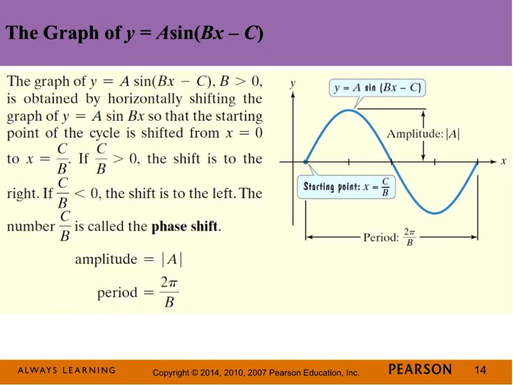Okay, so now what we want to look at is we're adding into this process. So we have an A value being multiplied with a function. We have a B value being multiplied with the X variable. And now we're subtracting a C value.